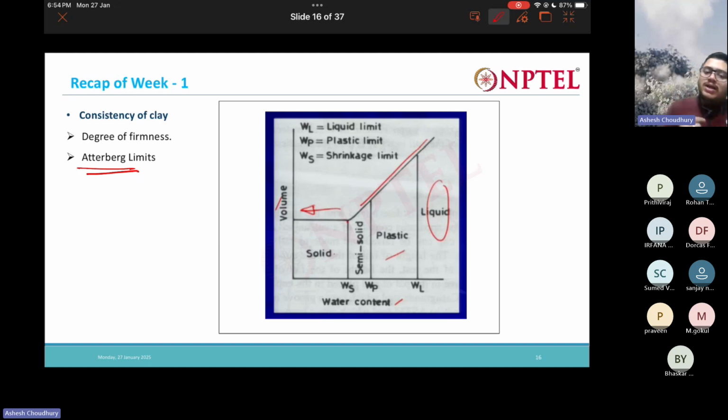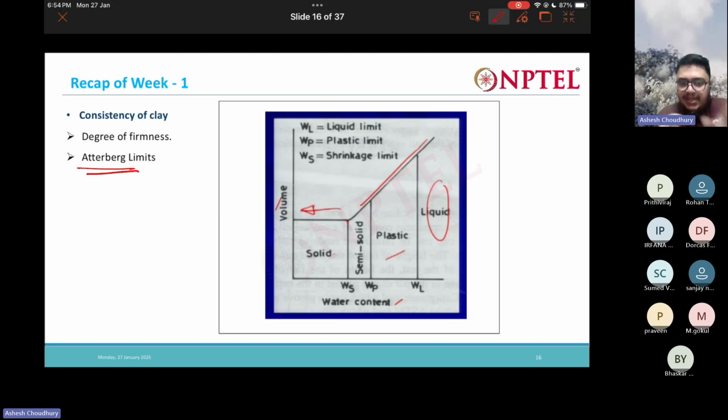Now, what do you do? Now you decided, I want to make a clay pot with that soil. What you have to do is let that soil dry a bit. You need to let some of the water evaporate or dry out. Then you come to the plastic region.